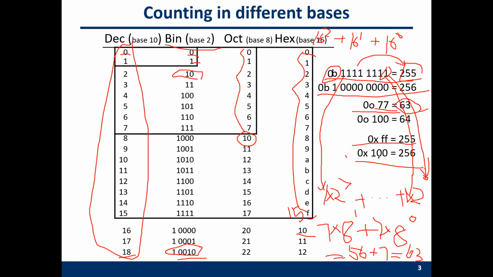And then you can write these digits here. 1 multiply this, 0 multiply this, and 0 multiply this. Since these two are zeros, the value will be this one, which is exactly 256. This is how we can convert numbers in different bases to decimal numbers.